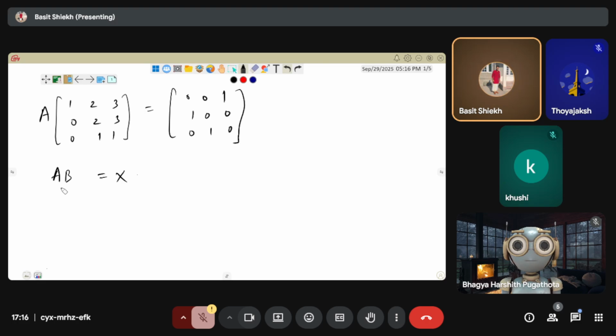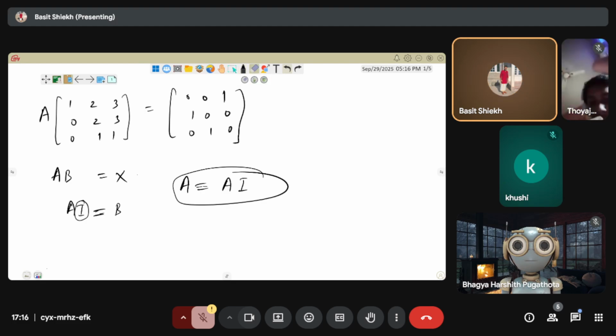So it's AI equals B, so the identity is on the right hand side. So we will apply column transformations. And we can write A equals A into I. It was like this. So we will apply column transformations.